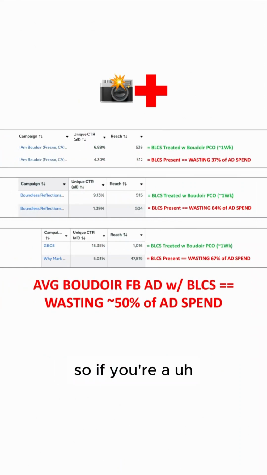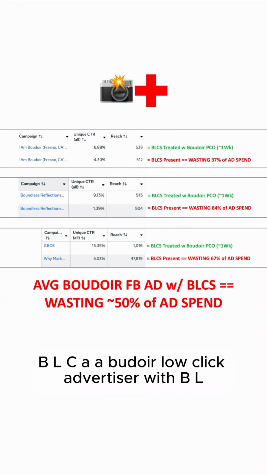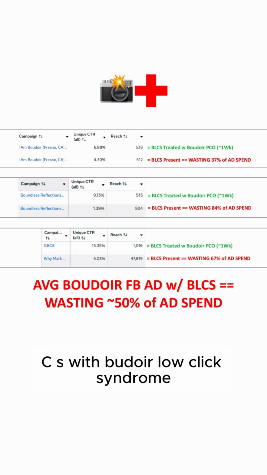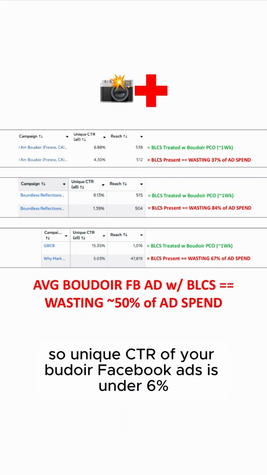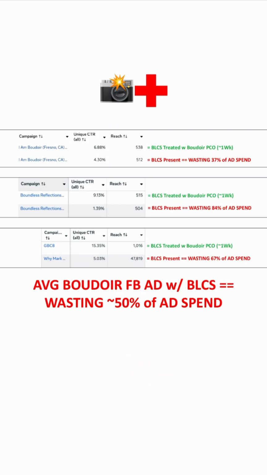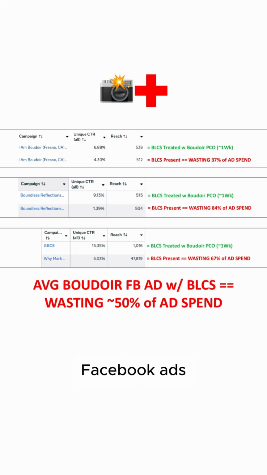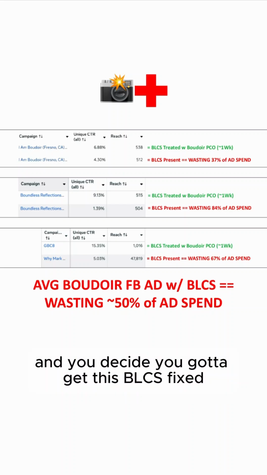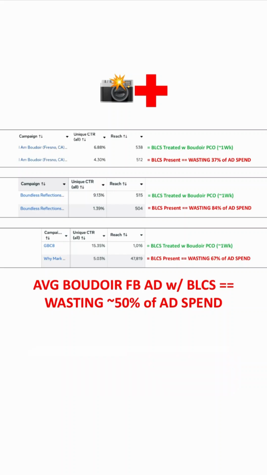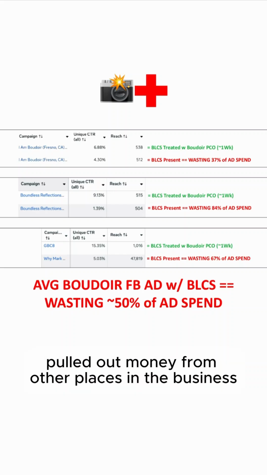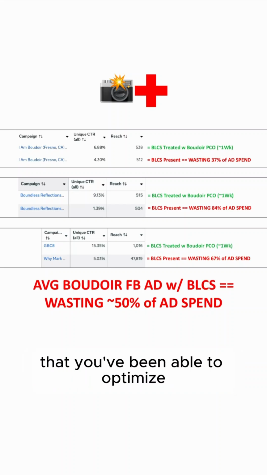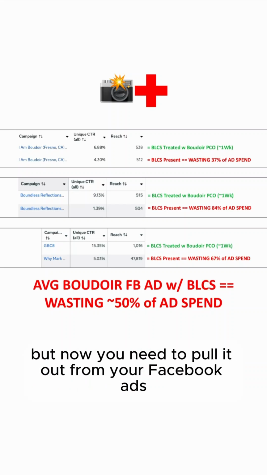So if you're a BLCA, a Boudoir low click advertiser with BLCS, with Boudoir low click syndrome, so unique CTR of your Boudoir Facebook ads is under 6%, and you're spending more than 10 grand a month on Boudoir Facebook ads, and you decide you gotta get this BLCS fixed because you've pulled out money from other places in the business that you've been able to optimize, but now you need to pull it out from your Facebook ads.